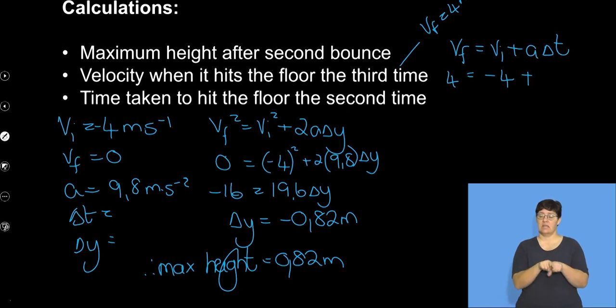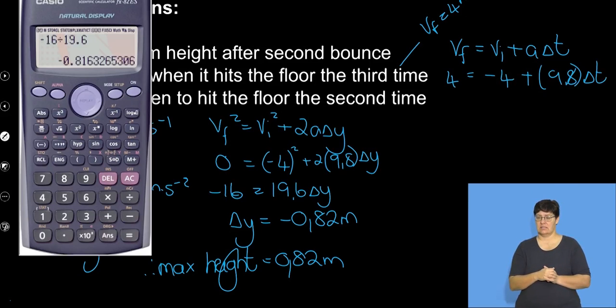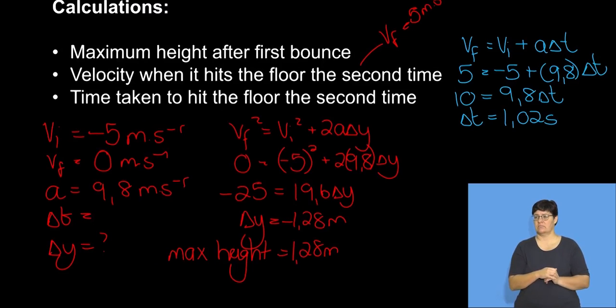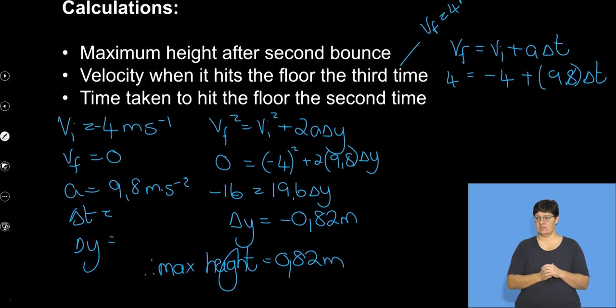That's minus 4. 9.8 delta t. Calculator. Okay. That's going to be 8 divided by 9.8. It's going all over the place. So delta t, 0.81 seconds.